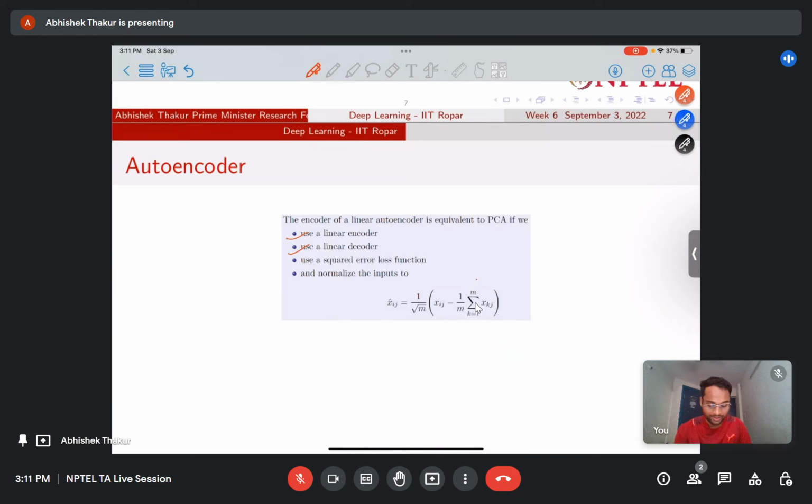And also, if we are using a linear encoder and linear decoder, then the input is real. So what loss function will we use? That is the squared error loss function. We use the cross entropy loss function for binary inputs, okay? For real inputs, we use the squared error loss function. And it also normalizes the inputs with this formula.